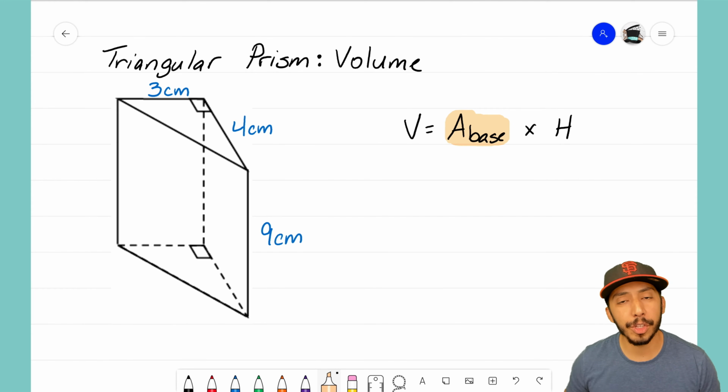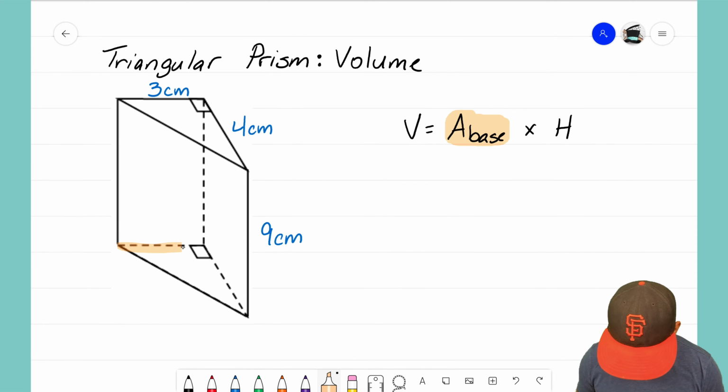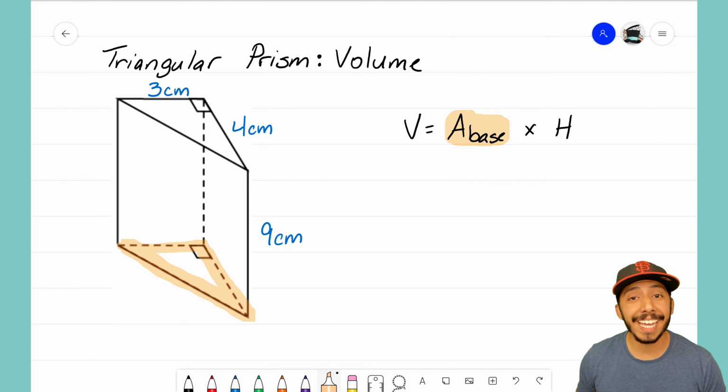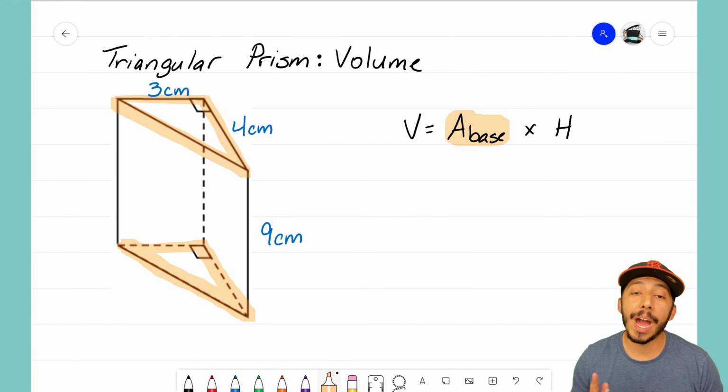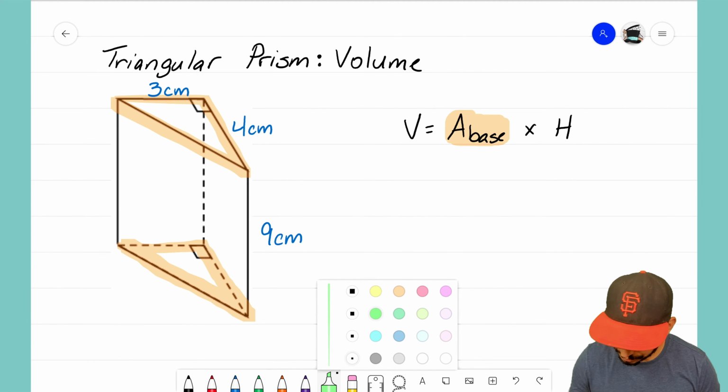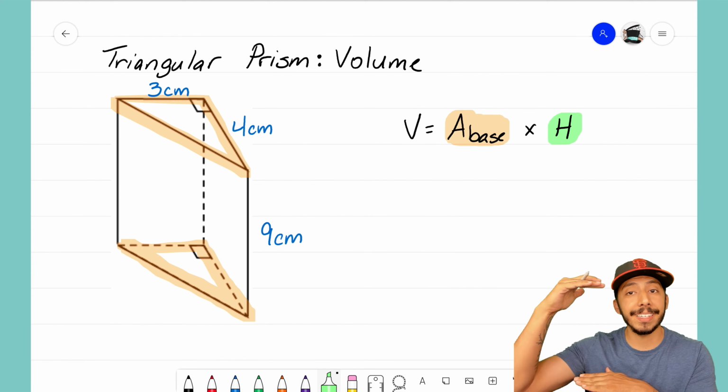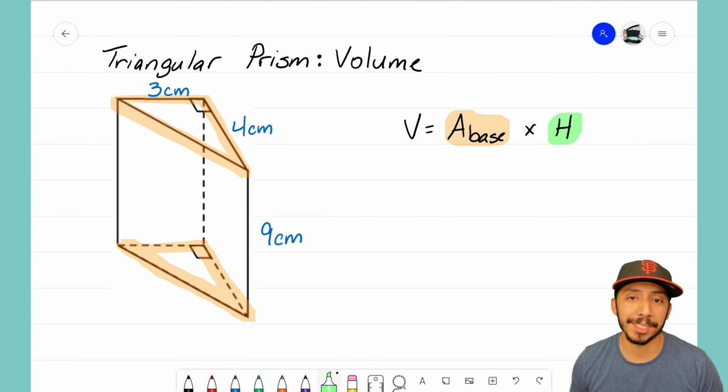Well, I have a triangular prism here. With a triangular prism, that means that the base shape is a triangle. Notice that I can find the base shape on the bottom of the figure, and I can also find it at the top of the figure. So I will first need to find the area of that triangle. After I find that, I will then just have to multiply it by the height of that triangular prism.